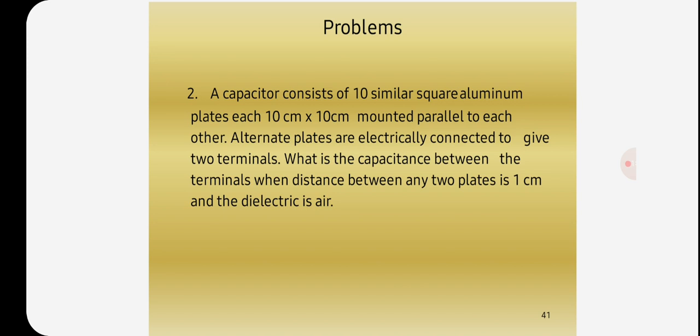Alternate plates are electrically connected to give two terminals. What is the capacitance between the terminals when the distance between any two plates is 1 centimeter and the dielectric is air?